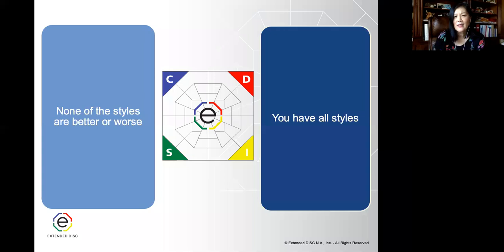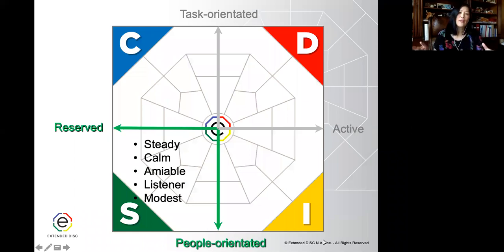Yeah, and many of you listening in today have probably already had some kind of overview of D, I, S, and C, or you're familiar with it. So what we're going to talk about is how we present S styles to people who may have never heard it before.